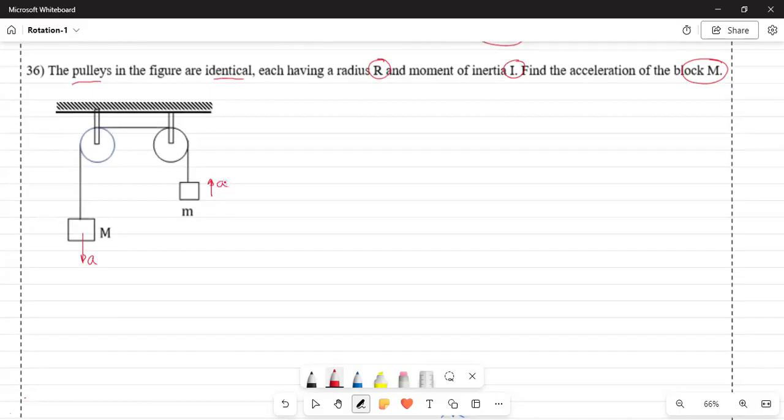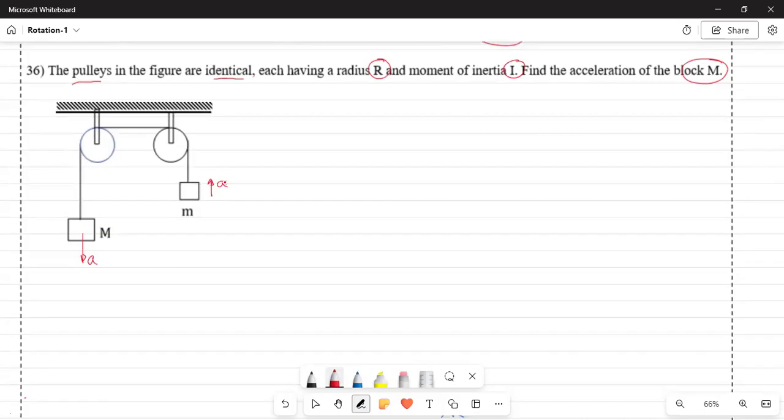In textbooks, the heavier body is always given the capital letter M, and the smaller body small m. But when you sit for competitive examinations, these things are clarified in the question itself. It will be written that capital M is heavier than small m. Here we have to understand it from the diagram.